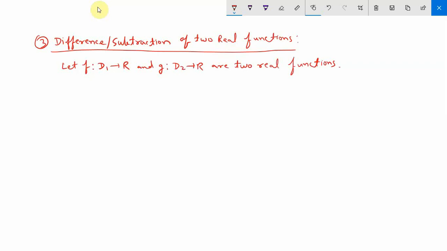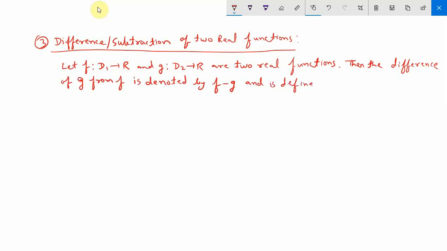Then the difference of g from f is denoted by f minus g and is defined as (f minus g)(x) equal to f(x) minus g(x), with domain D1 intersection D2.